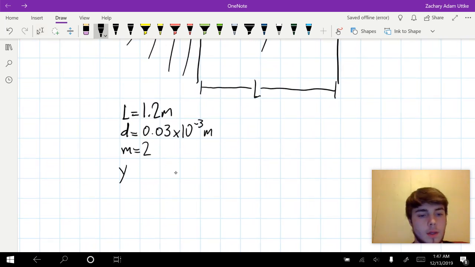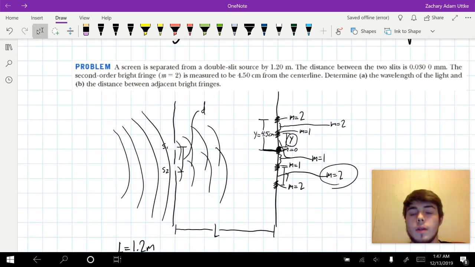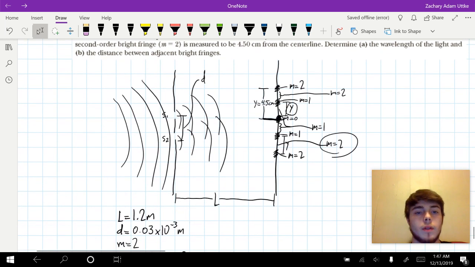So let's say that y from m equals 0 to 2 equals 4.5 times 10 to the negative 2 meters. Part A, determine the wavelength of light and the distance between adjacent bright fringes.